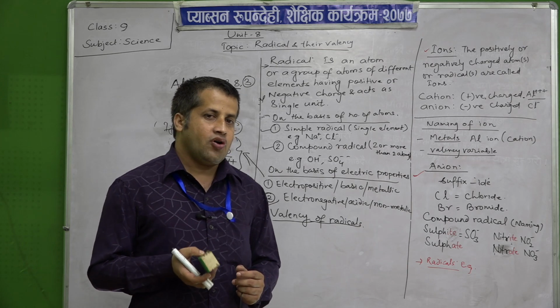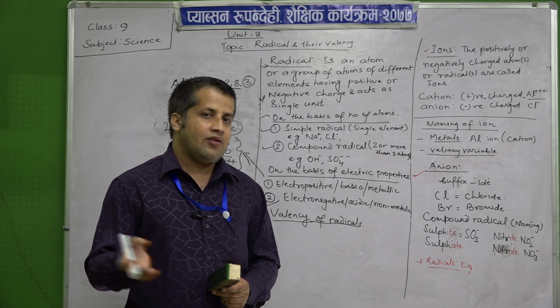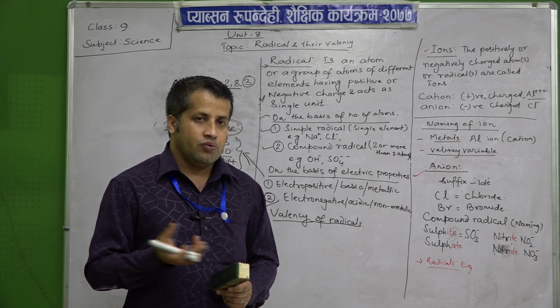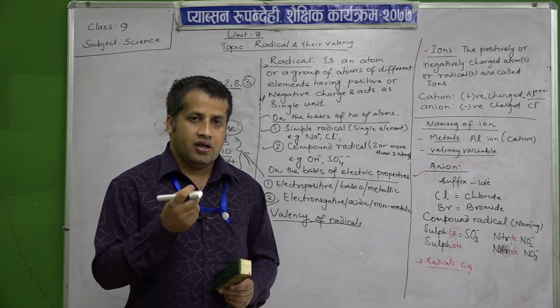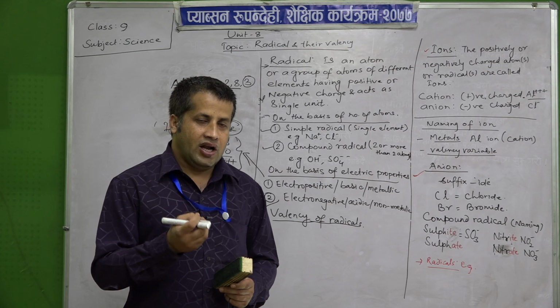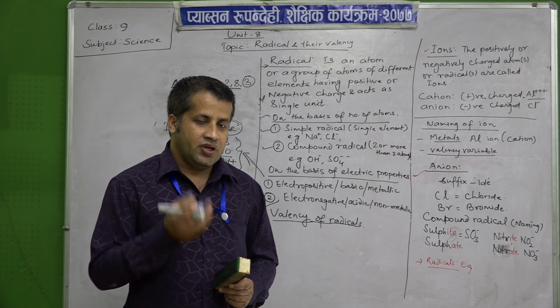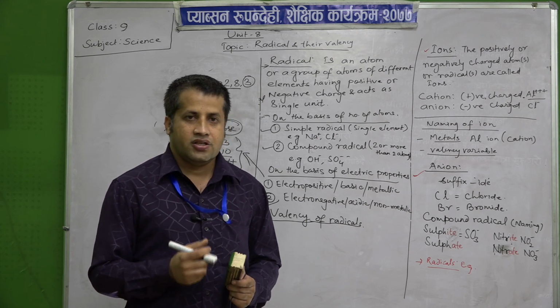You have to remember all the radicals along with their valency, so that while forming the molecular formula of a compound you will find it very easy. It's time over now. For tomorrow we have to study another topic, so be careful, stay at home, stay safe. For today this much, thank you.